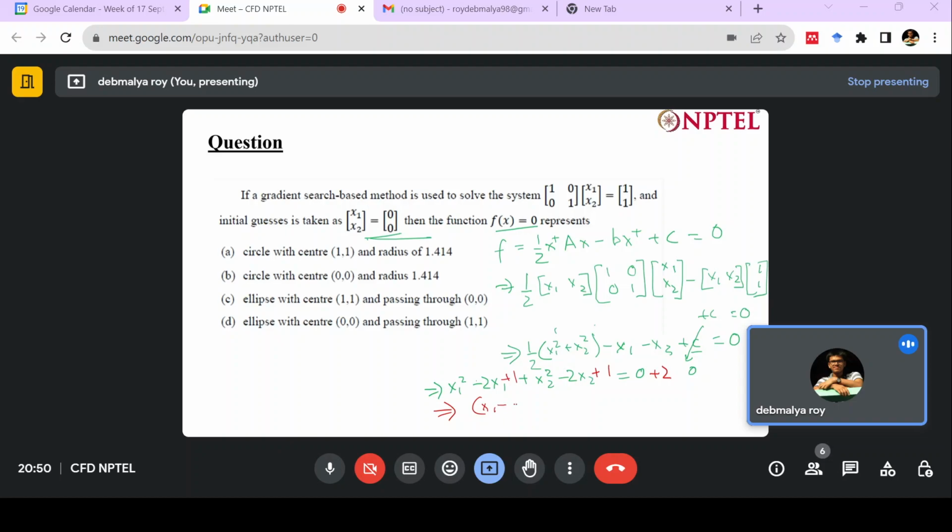This gives us x1 minus 1 whole square plus x2 minus 1 whole square is equal to 2. So this is basically the equation of a circle whose center is 1 comma 1 and radius is root 2, right? So this particular option will be correct.